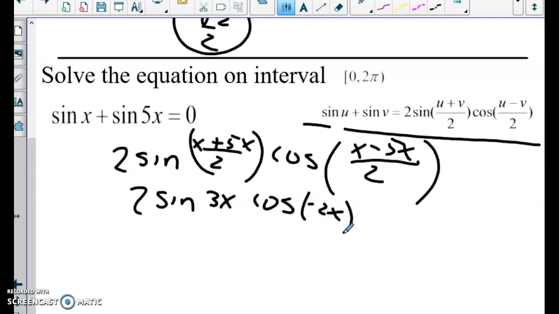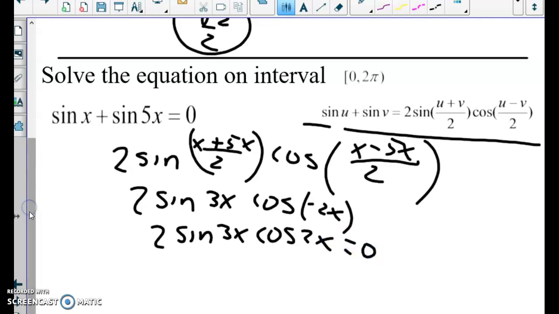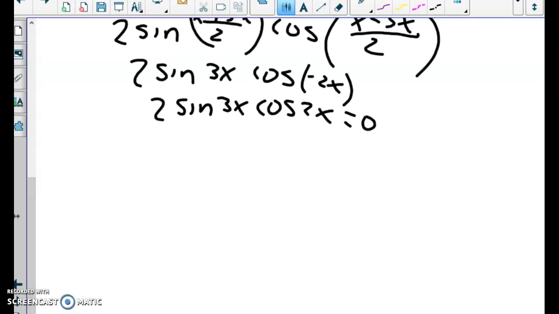Using the negative angle identities, we know that the cosine of a negative angle is the same as the cosine of a positive angle, so I can simplify that further to cosine of 2x. Now, solving this, we know that these are equal to 0, so either the sine of 3x equals 0 or the cosine of 2x equals 0.